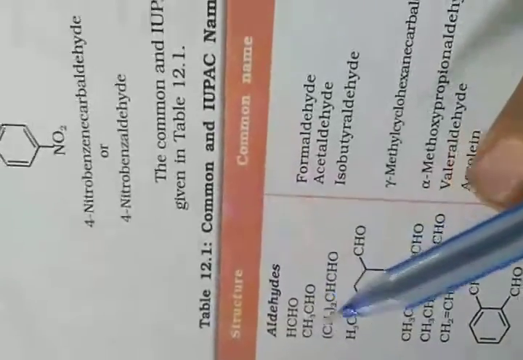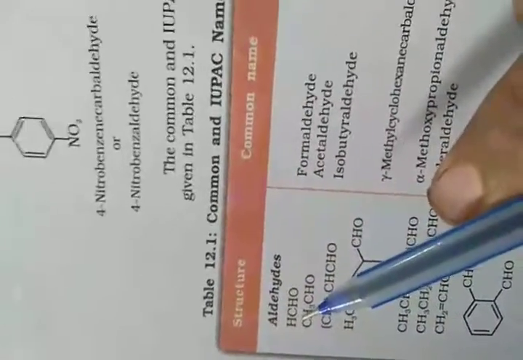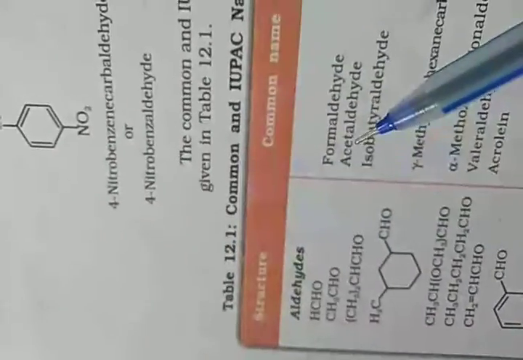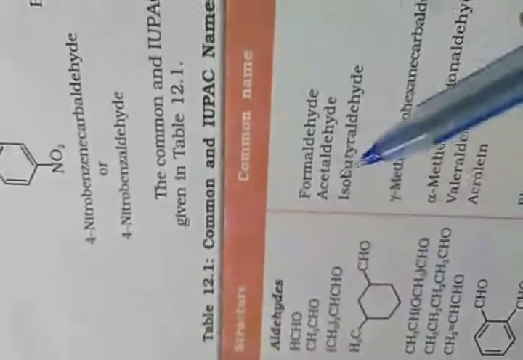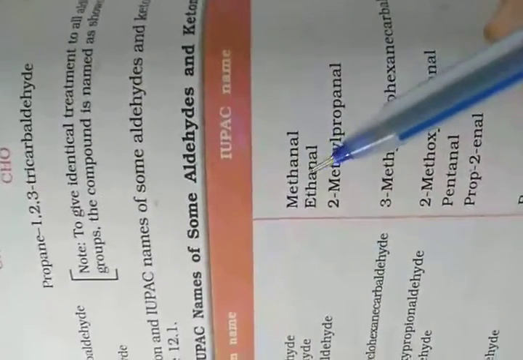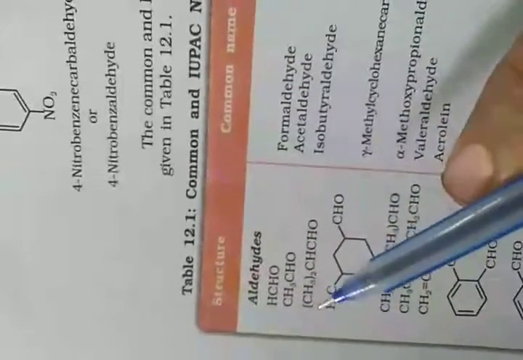I am showing you this table also. Aldehyde with 1 carbon only is called formaldehyde in the common name, but by IUPAC it is methanal. The second is called acetaldehyde, 2 carbons, and by IUPAC from methane and ethane you get ethanal. Like that you have to practice it.